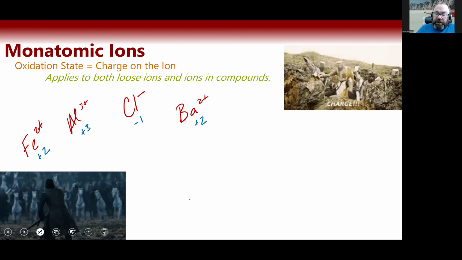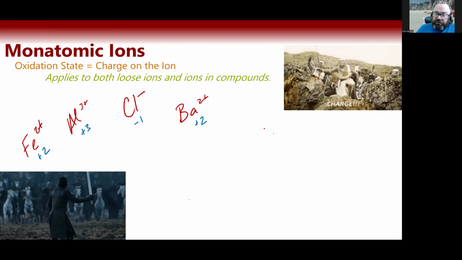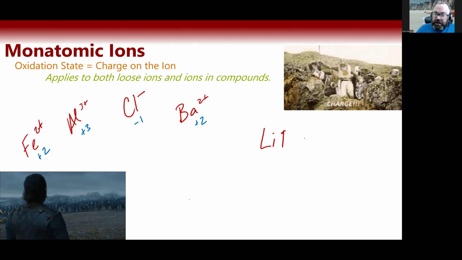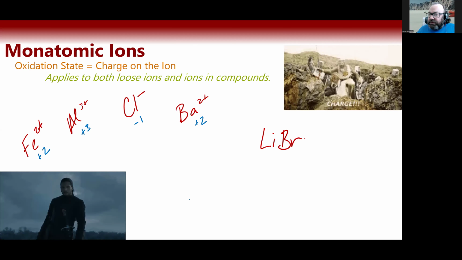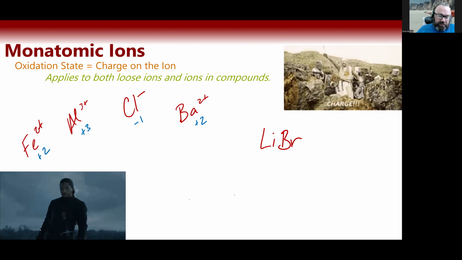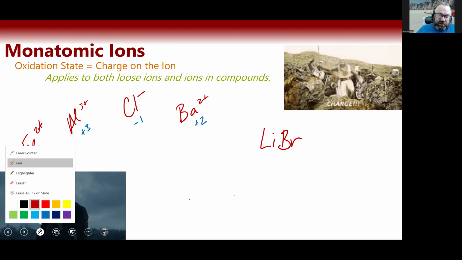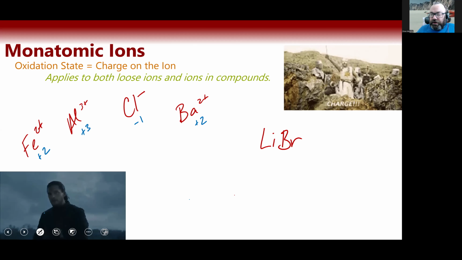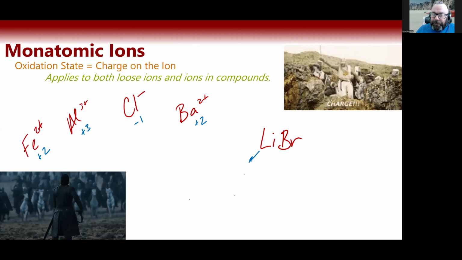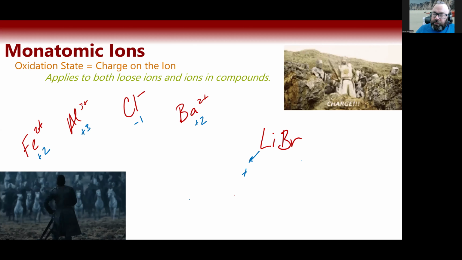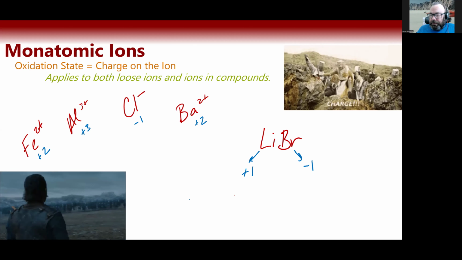If it's in a compound, say we have lithium bromide, this is not an element loose on its own, it's in a compound. We can figure out what the charges on the things are because it's an ionic compound. Lithium in group 1 has to be +1, bromide then has to be -1.